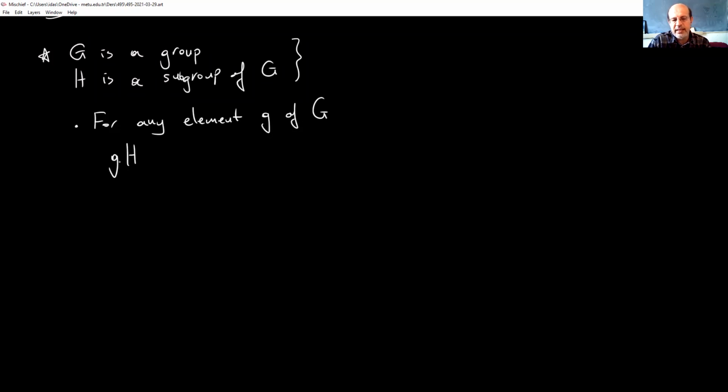What we do, or the product of 2 sets, is we just take the product of G with every element of H and put it as a list. So in any case, this is called the left coset. This is a left coset of the subgroup H. And if I multiply the G from the right, this is called the right coset.